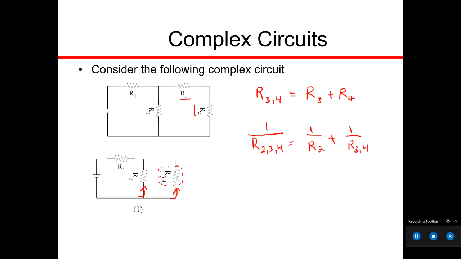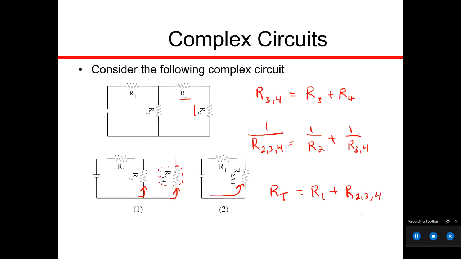So we would add those and then solve for the resistance 2, 3, 4. Again, redraw our equivalent circuit. So now we just have everything on one path. And now it's easy to calculate the total resistance because we just have one path that is in series. So the total is going to be resistor 1 plus resistor 2, 3, 4.